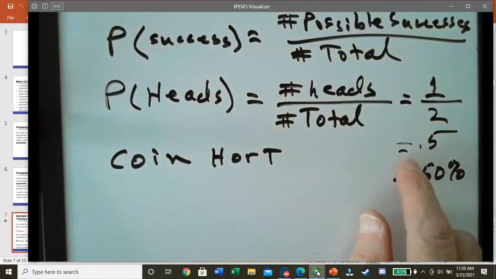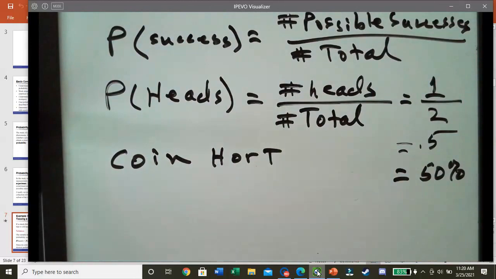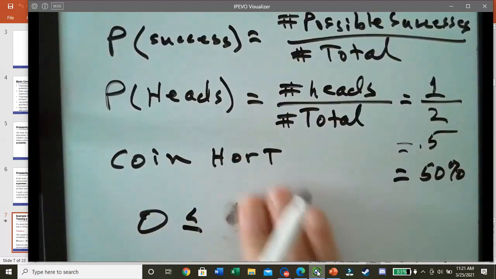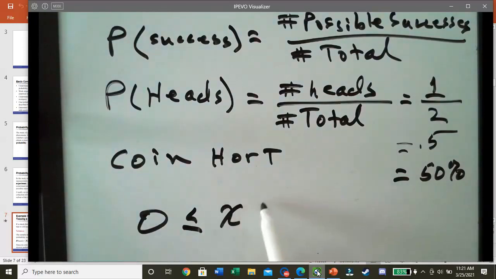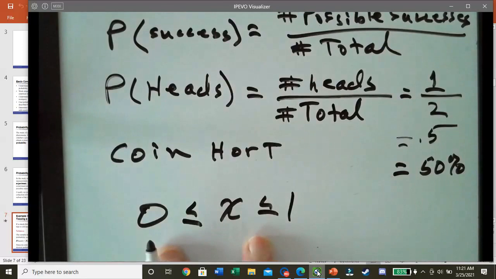Now, probability is going to be greater than or equal to 0, but less than or equal to 1. So, as a decimal, your range is from 0 to 1.